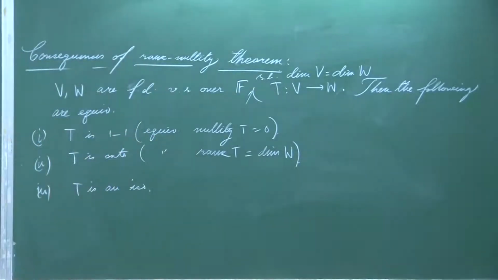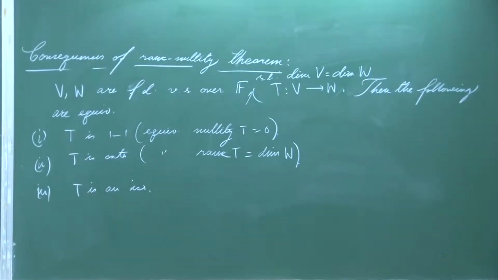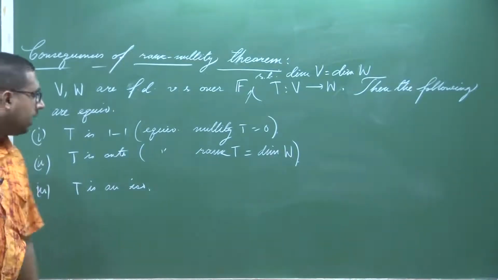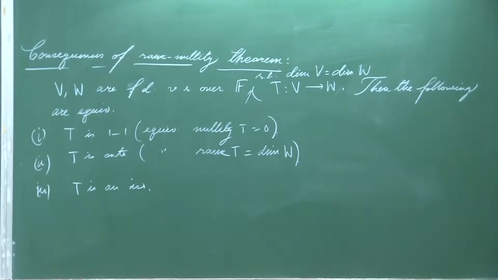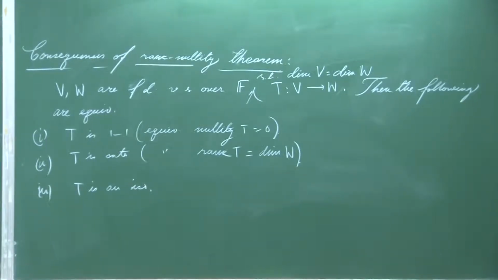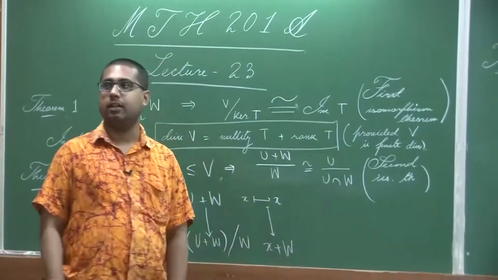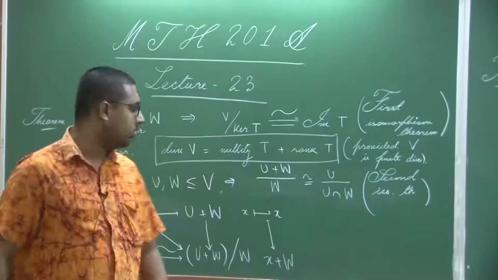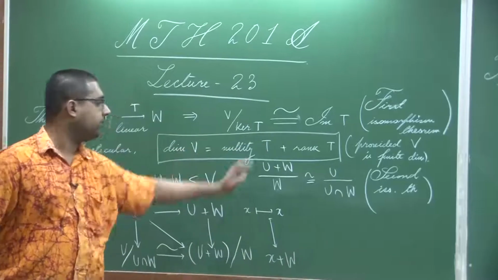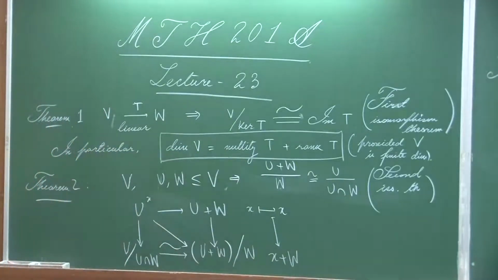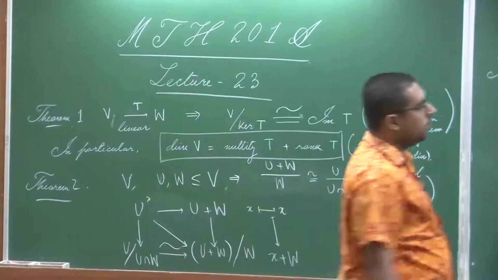Okay. And so we have proved one direction, that is if T is 1-1, then T is onto. On the other hand, suppose T is onto. So that means rank T is dimension W, which is dimension V, then this formula forces nullity of T to be 0, that means the dimension of the kernel is 0. So the kernel is trivial. So T is 1-1.